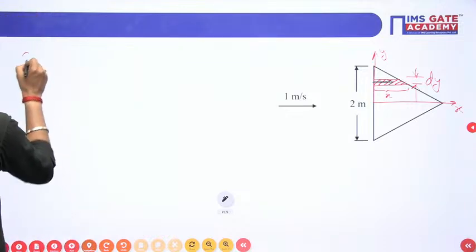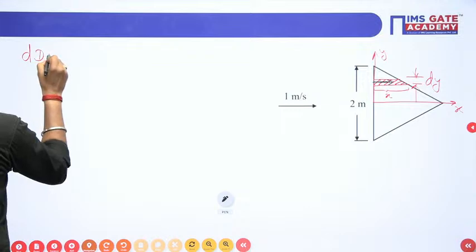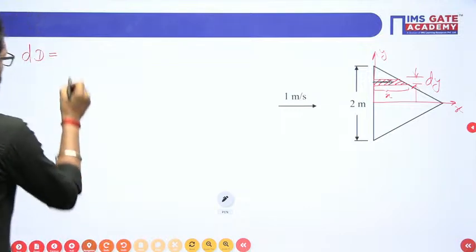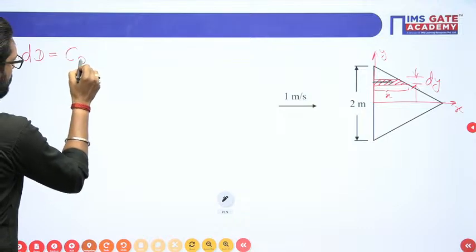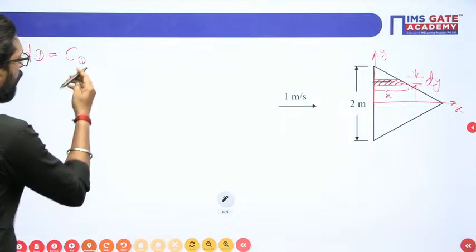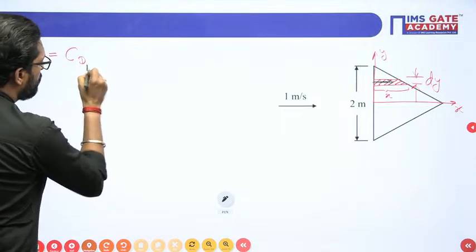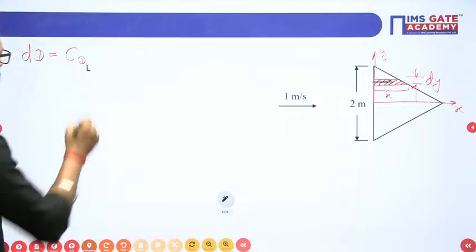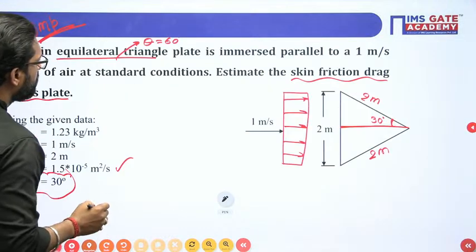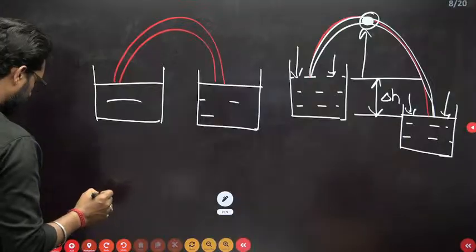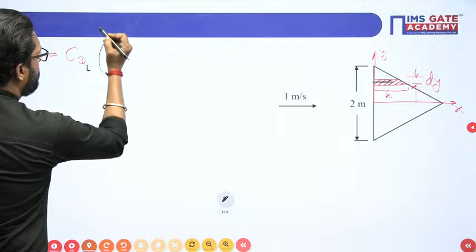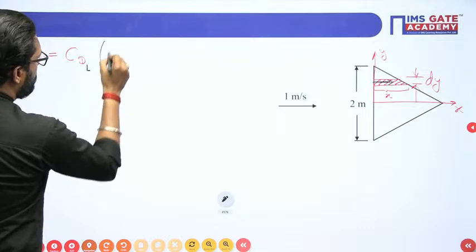So what is the drag? Let's suppose dD, the small drag, is the drag coefficient, and you have to take the drag coefficient for laminar, not turbulent, so CDL, into the dynamic pressure. What is the dynamic pressure?